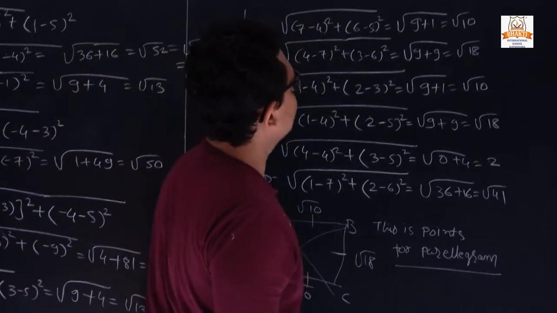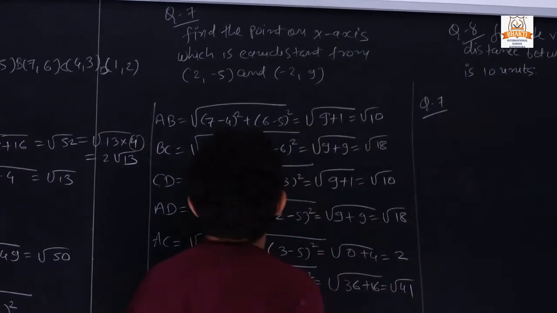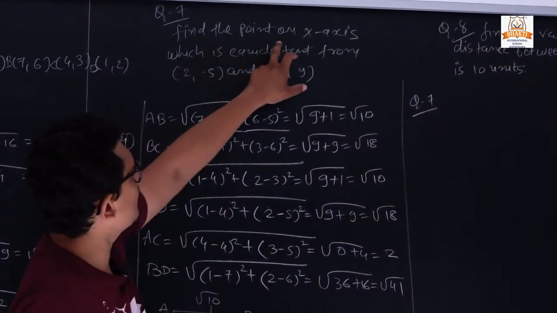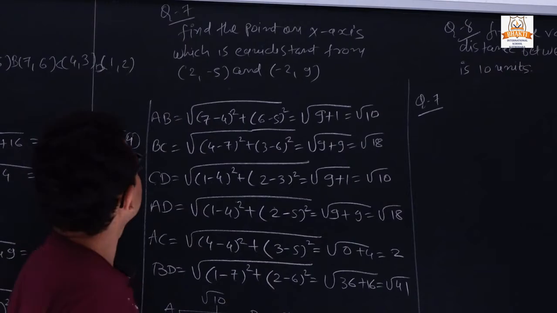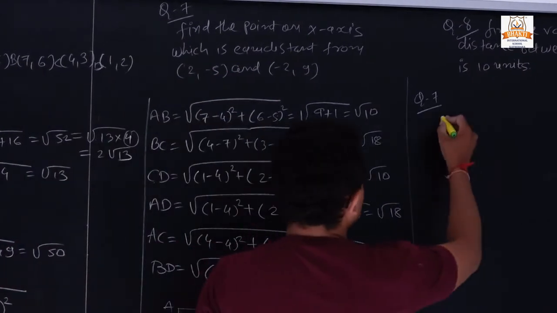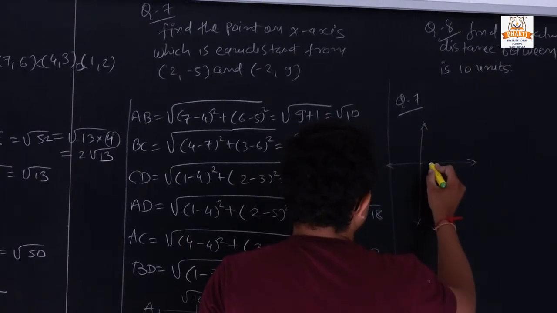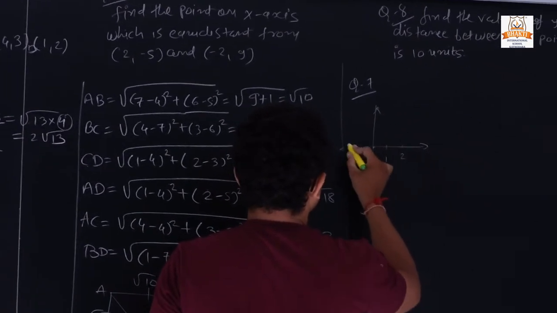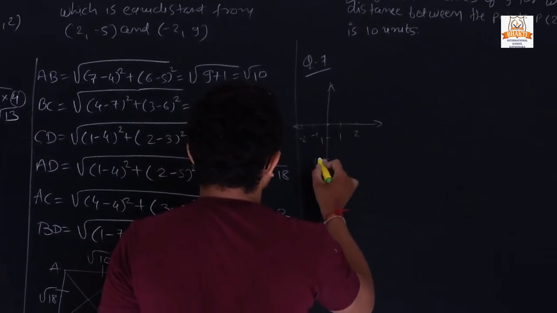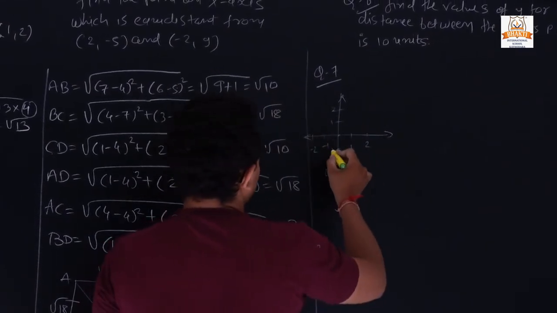Now question 7. So in this question, find the point on x axis which is equidistant from 2 comma minus 5. So if we draw the rough figure, so here 1, 2, minus 1, minus 2, 1, 2, here 1, 2, minus 1.